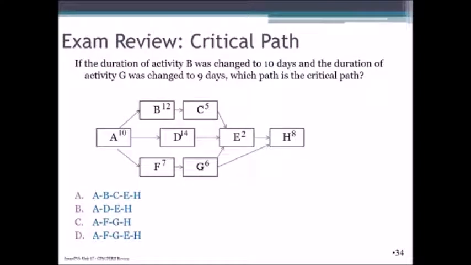Next question, we have a change in the critical path. Pause video and resume when ready. Correct answer is D, AFGEH, 36 days.